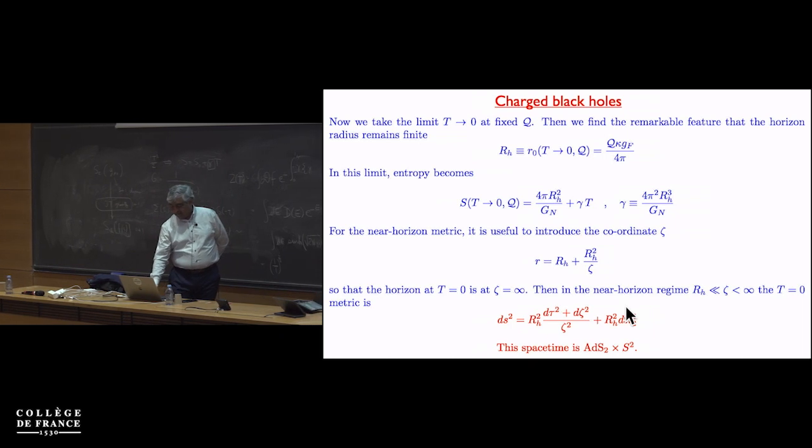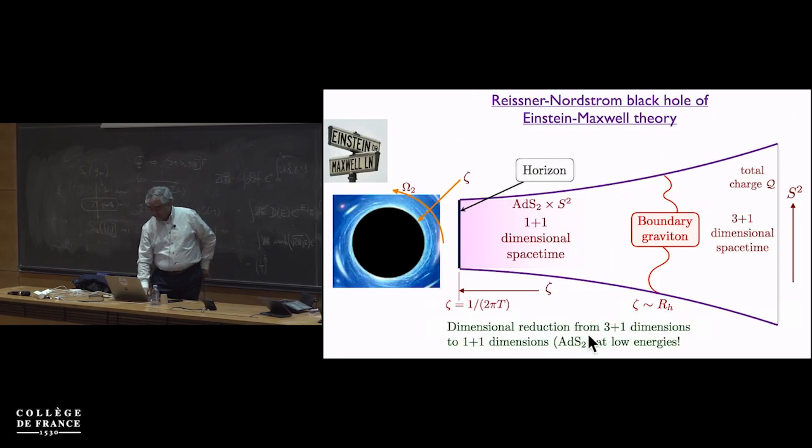Okay. So here's the picture. Now think of this, this is the black hole horizon, and this is far away from the black hole. Think of this as energy scale. This is high energy, this is low energy. So at high energy, you have 3+1 dimensional space-time. At low energy, you go down to 1+1. And so now you do a theory in 1+1 dimensions.